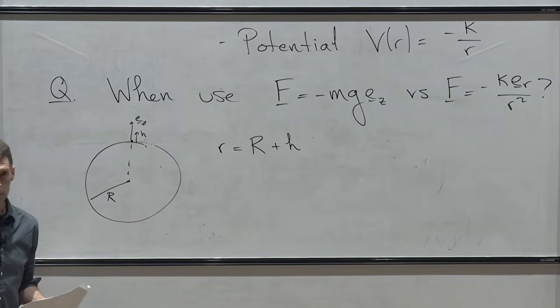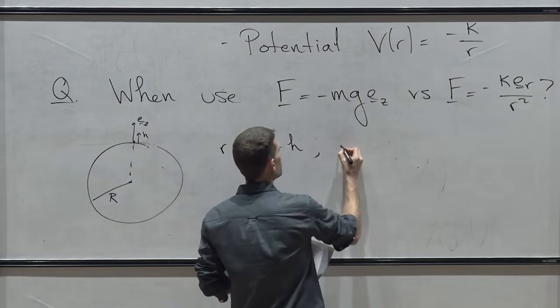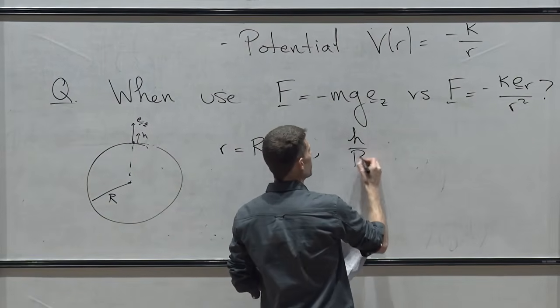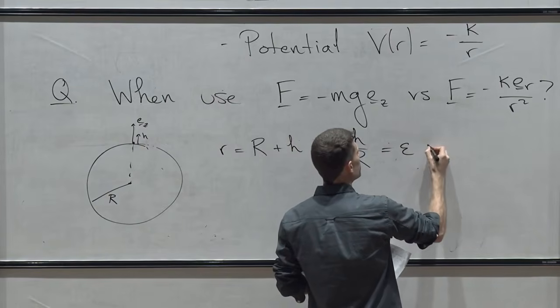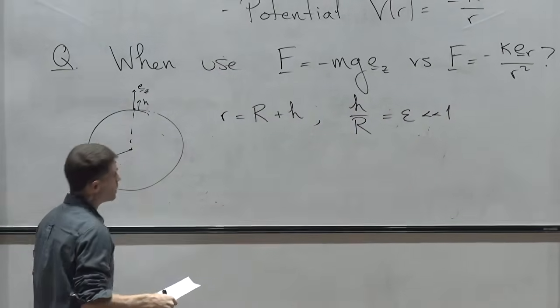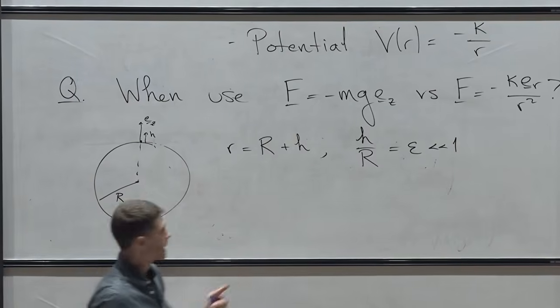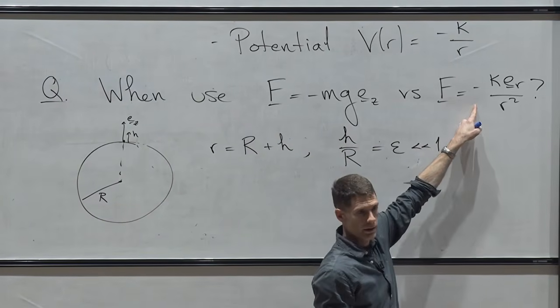And then, of course, if I'm doing an experiment anywhere near the surface of the Earth, h over R is a dimensionless number, which we might call epsilon, which is, of course, very small. So then the claim is that I can get that law as an approximation of that one.